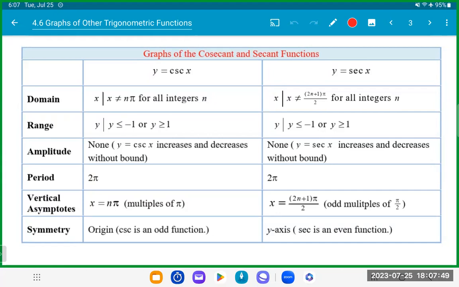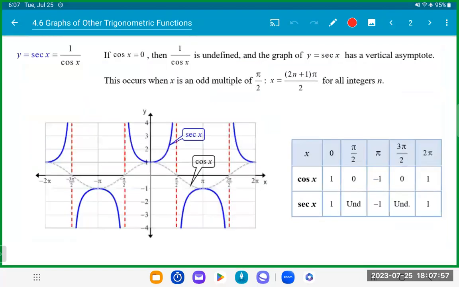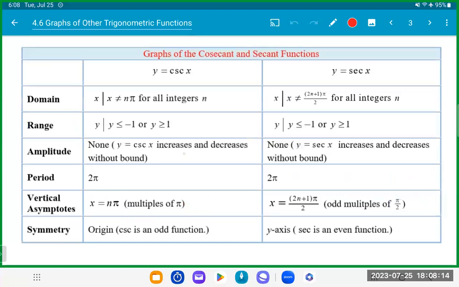The range is going to be, our y is going to be greater than or equal to 1 or less than or equal to -1, right? So you can see that here. Here's -1, here's +1. And so we can either be +1 or greater, -1 or smaller, but we can't be in between in that range.